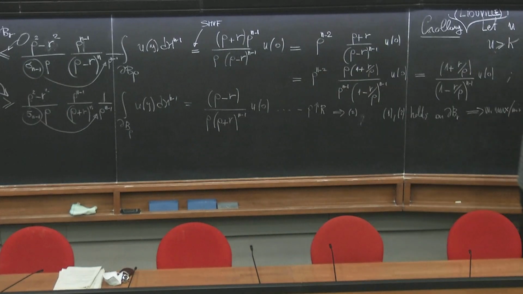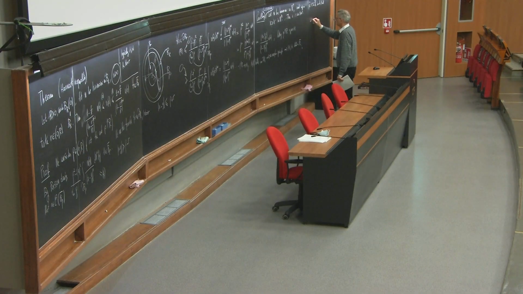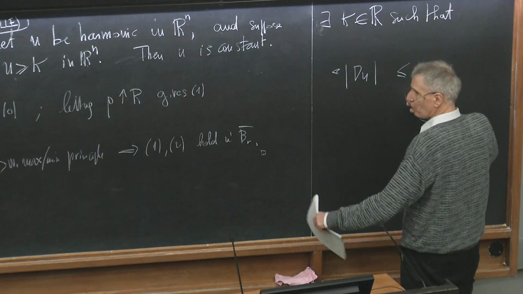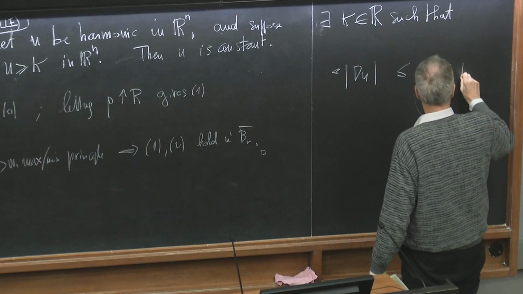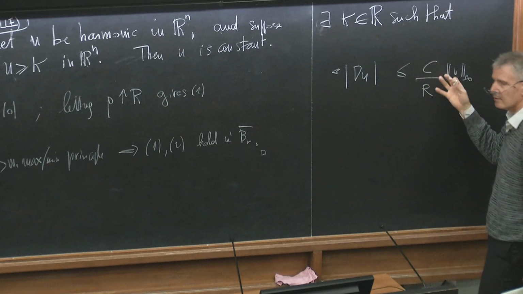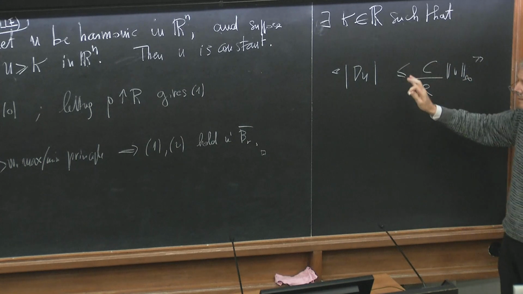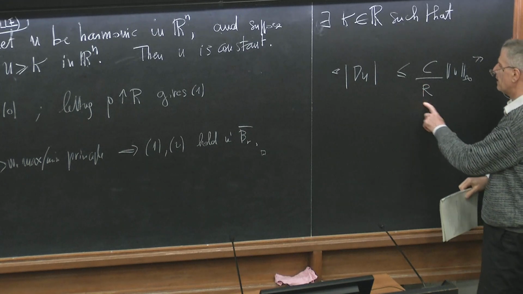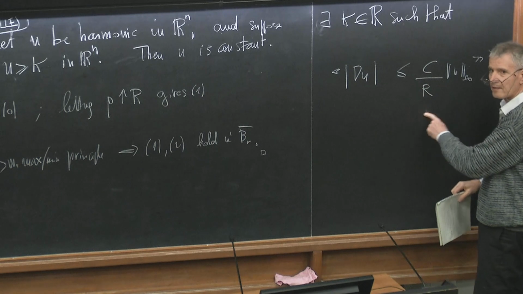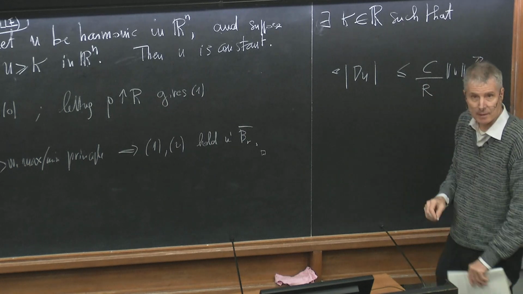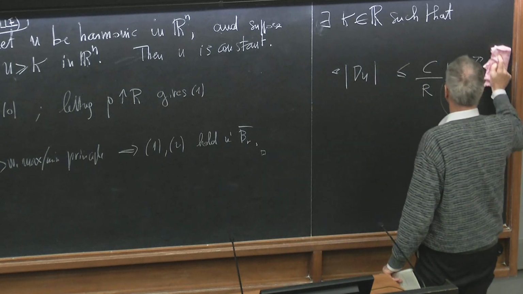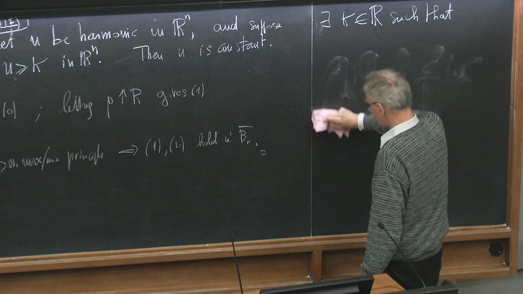Because the gradient estimate was saying something. You can bound the gradient of u by some constant divided by r times the infinity norm of u in a ball. Then it's enough to let r go to plus infinity to get that the gradient must be 0. It's the analog of Cauchy inequality in complex analysis.